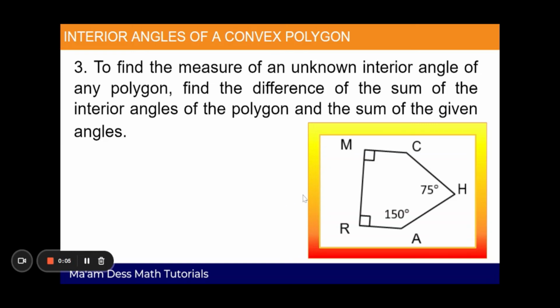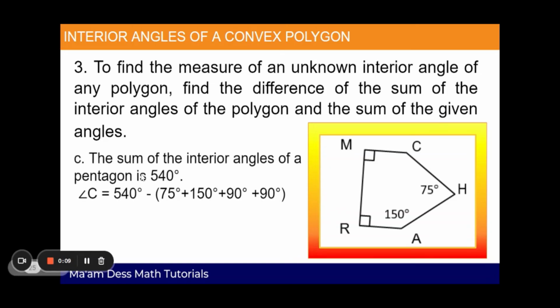Okay, for the next example, as you can see from the figure, it is a pentagon. The sum of the interior angles of a pentagon is 540 degrees. So, to find the unknown angle, which is angle C, you have to subtract the total of the given measures of interior angles from 540 degrees.